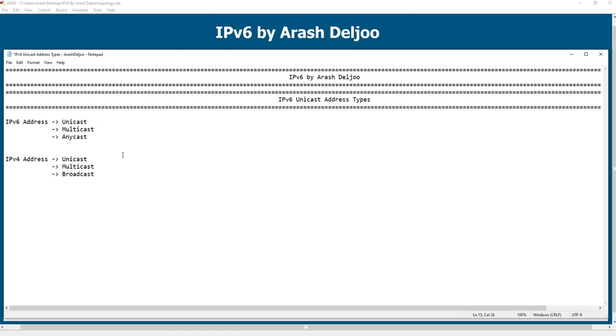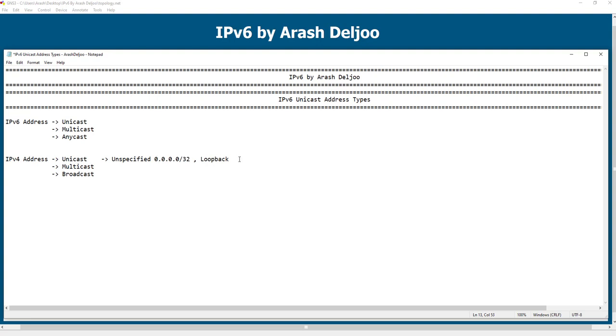Two of the unicast IPv4 address types are unspecified and loopback. You know that we use quad 0, for example 0.0.0.0/32, for the unspecified IP address.